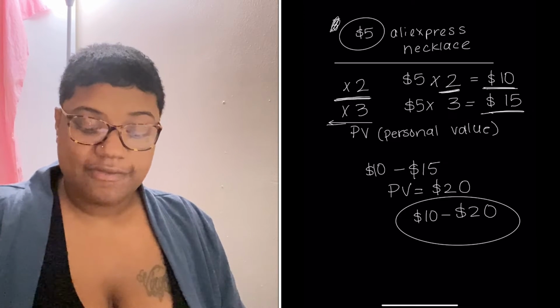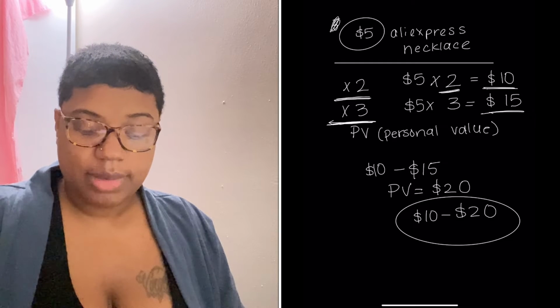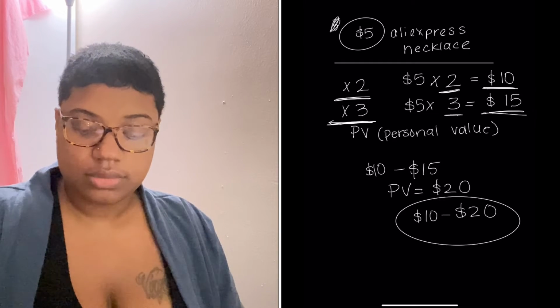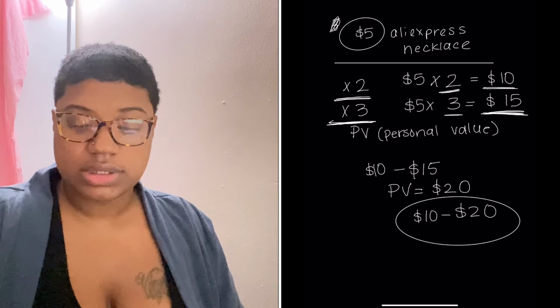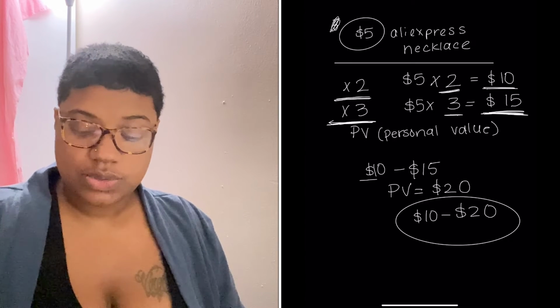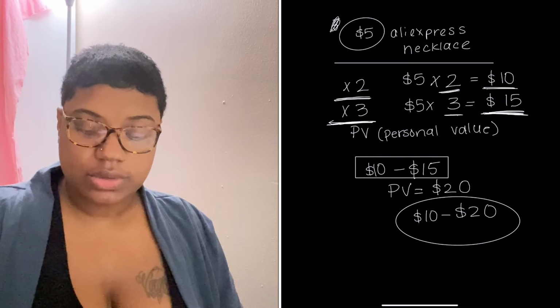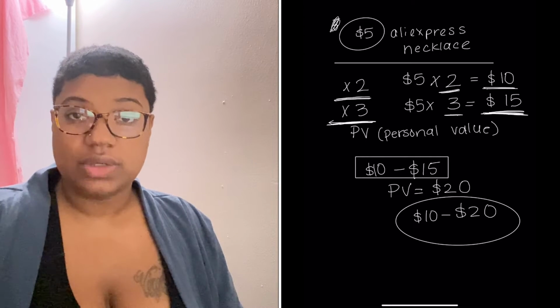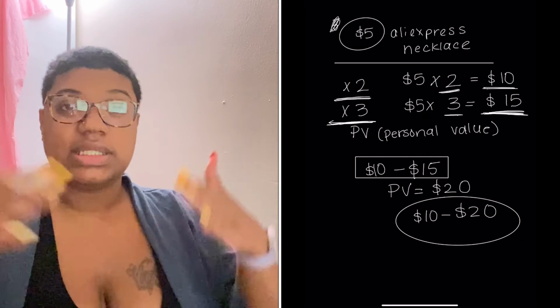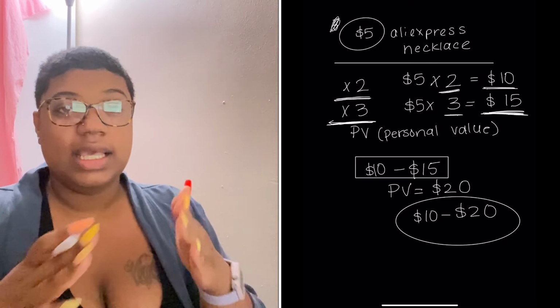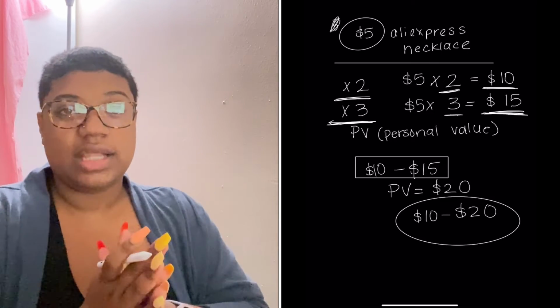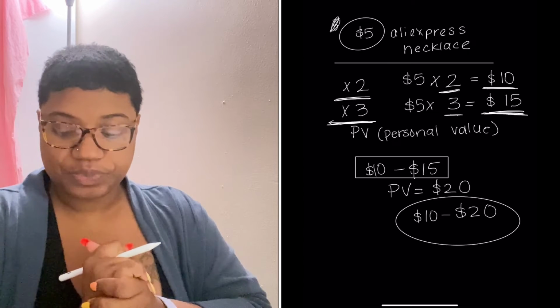If I mark this same necklace up by 3, I will get $15. So that's where we get the 10 to 15 from right here. So that's my base value. I know I could mark this up and sell it anywhere between $10 and $15 to make some money.